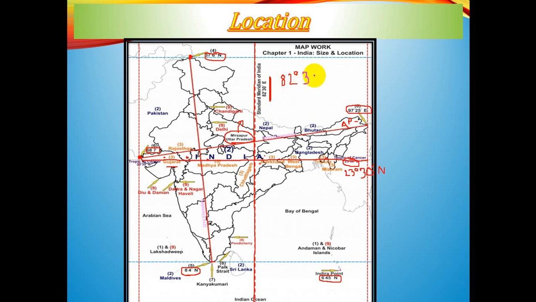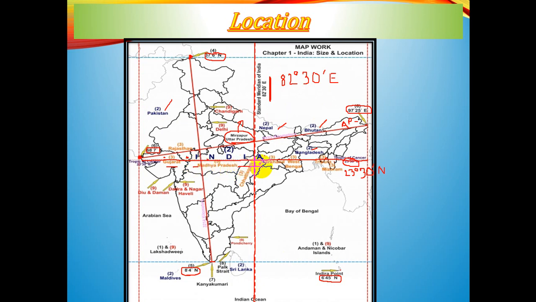Now next you can find out that some of the countries are surrounding our main country. I'm just naming them. First Nepal, then Bhutan, Bangladesh, on the west Pakistan and our country itself India. All these countries are having a common land frontier.